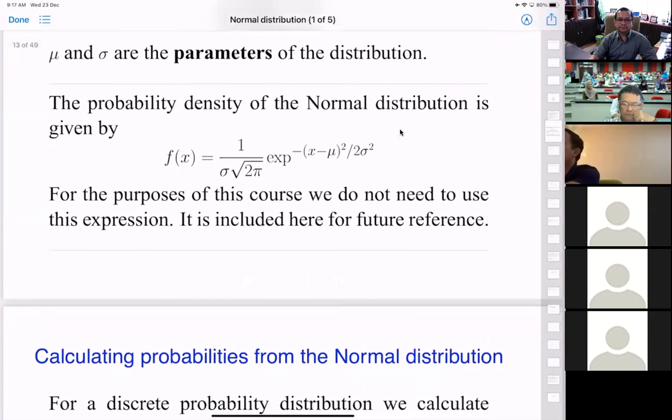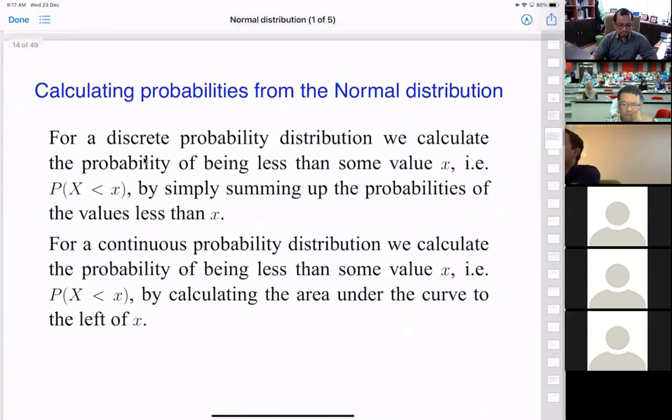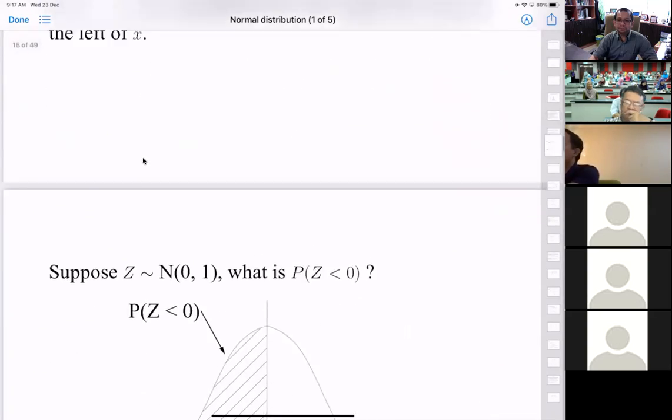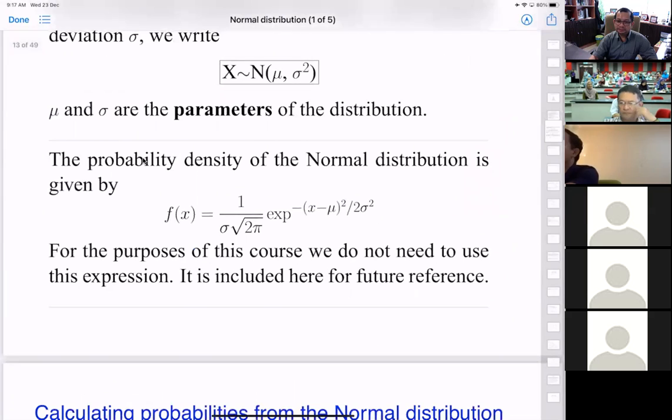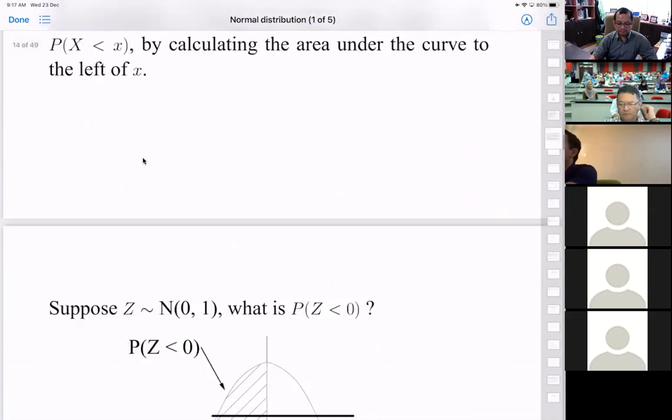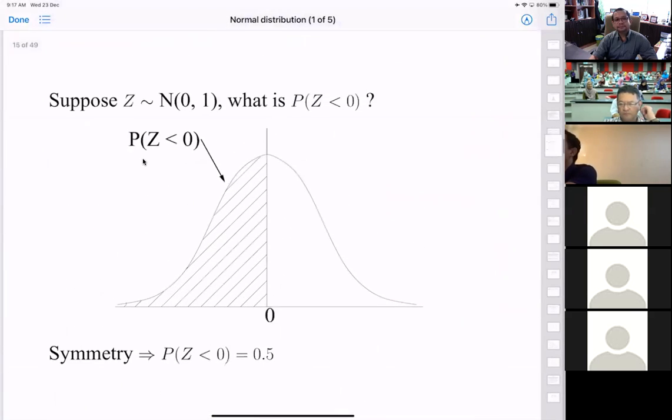Although we have this formula to calculate the probability density, we don't have time to calculate this, so we use a table instead. We don't want to calculate this manually. We use the table.